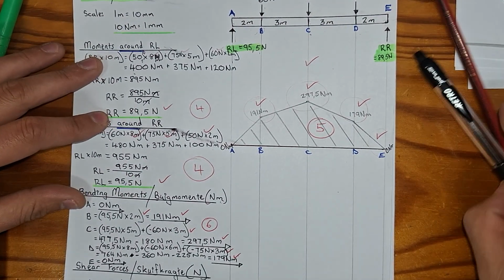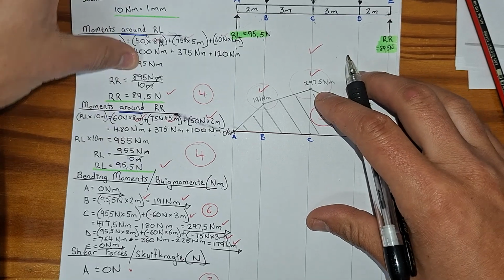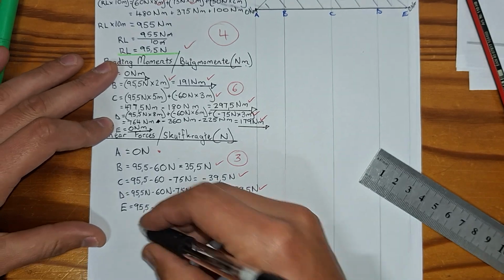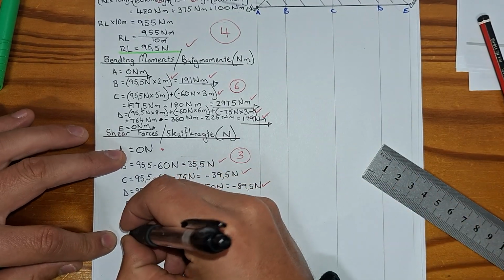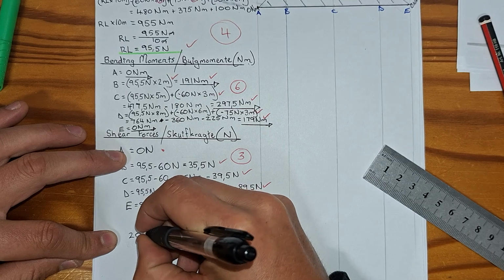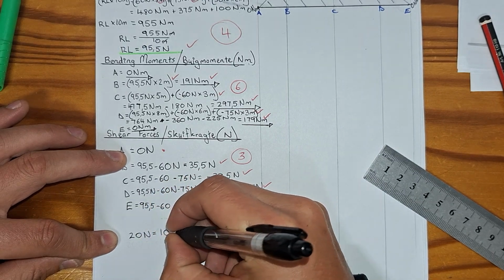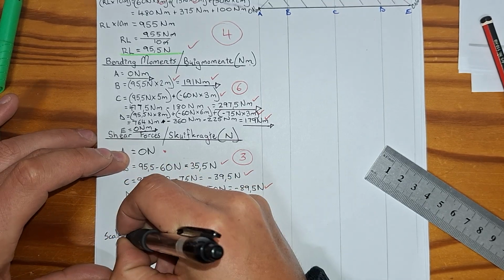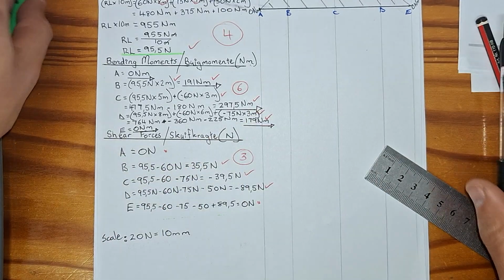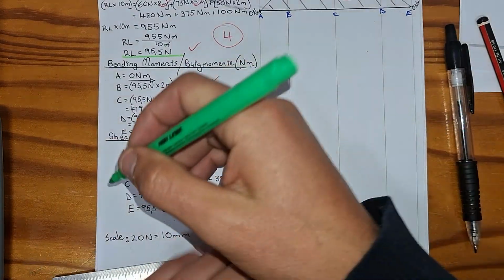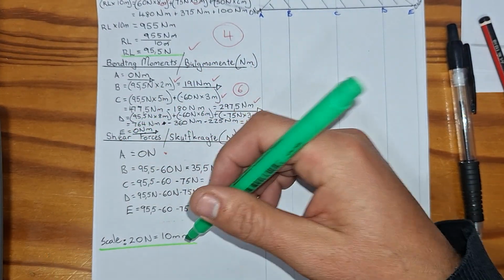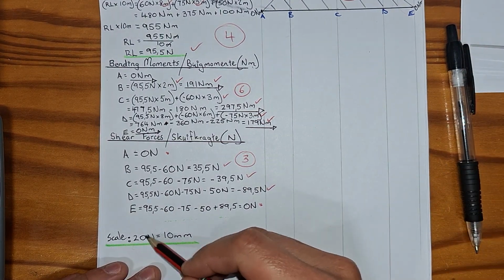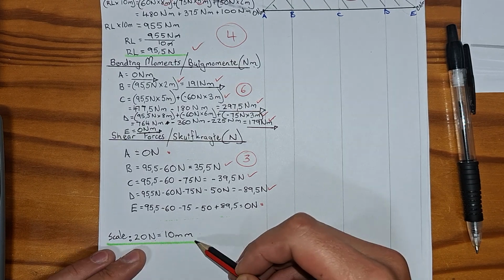The scale for the shear forces would normally be given if it was one of the questions, but let's work on the following scale: 20 newtons is equal to 10 millimeters. This scale is only applicable to the shear force diagram because the scale is given as a newton value towards a millimeter value.